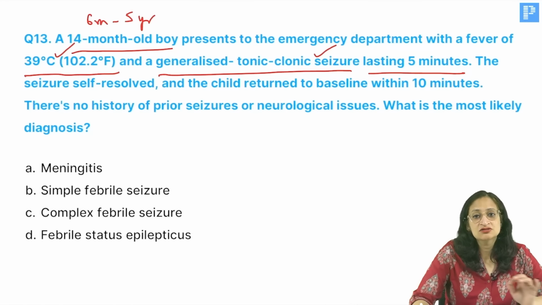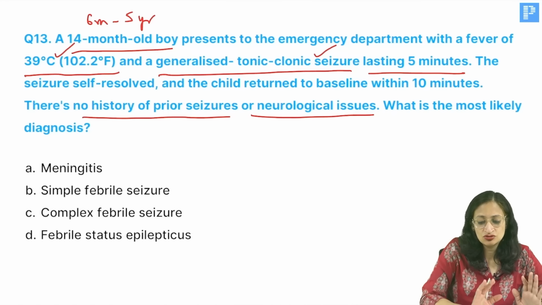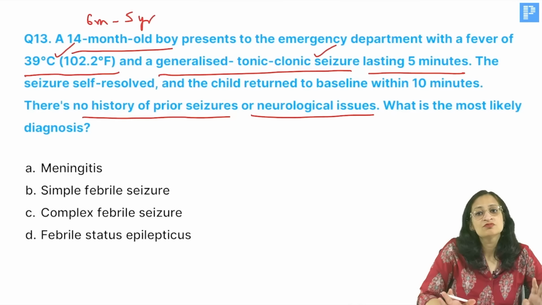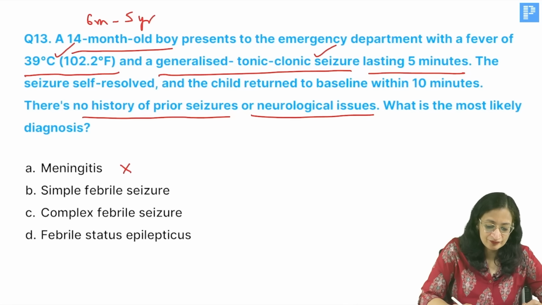So our diagnosis becomes febrile seizure because the seizure self-resolved, the child returned to baseline, and there's no history of prior seizures or neurological issues. Because there is no shrill cry, no meningeal sign, no increased irritability or things like that, we are not thinking of meningitis here. This appears typically to be a case of simple febrile seizure.